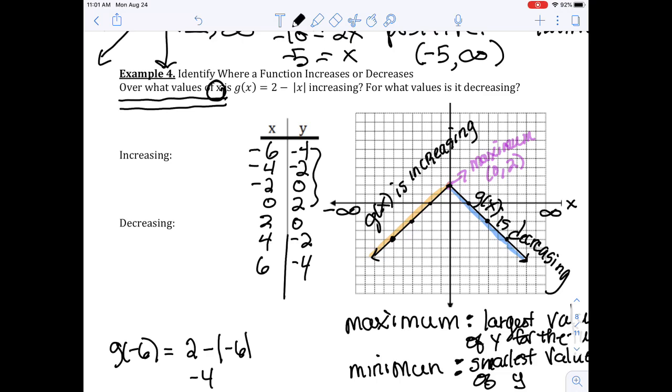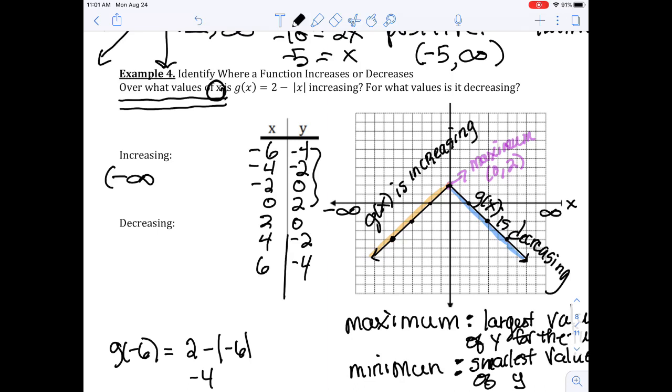How do we describe those intervals? We're using x values. Think, you read books from left to right, and you interpret graphs from left to right. The very left of this graph is negative infinity.